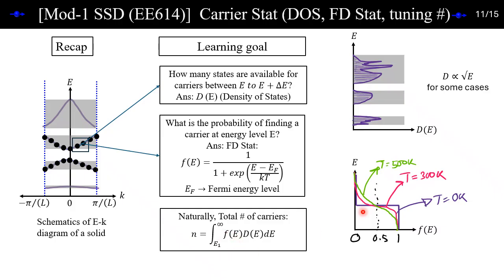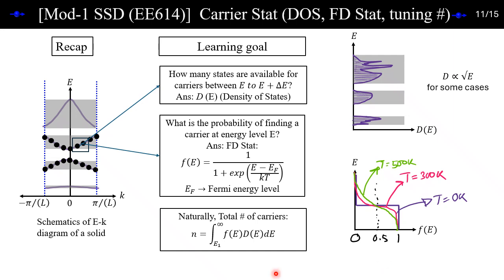E1, I'm just saying, suppose this is our band of interest. We just start from here. Let this run to infinity. That we are not interested in because when we say electron here, that's an important question, what type of electron? If I take silicon, there can be many electrons, right? Here we are interested mostly in the electrons which will participate in transport, which is around the conduction and valence bands.